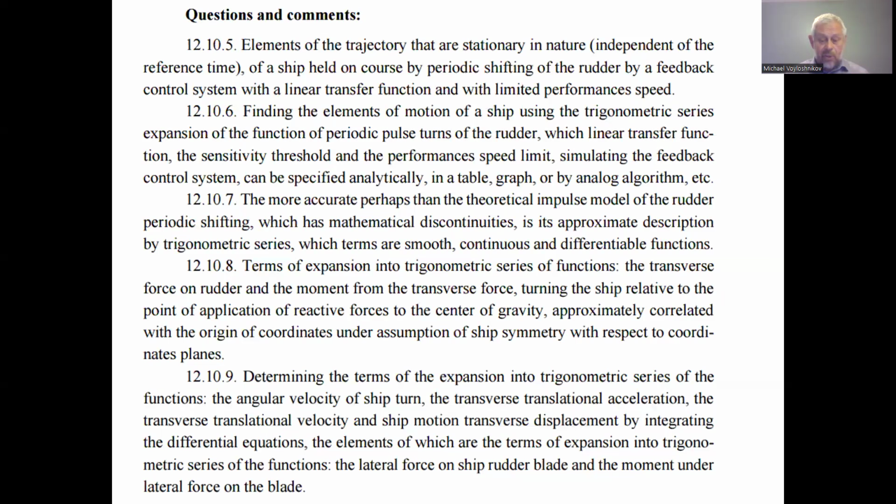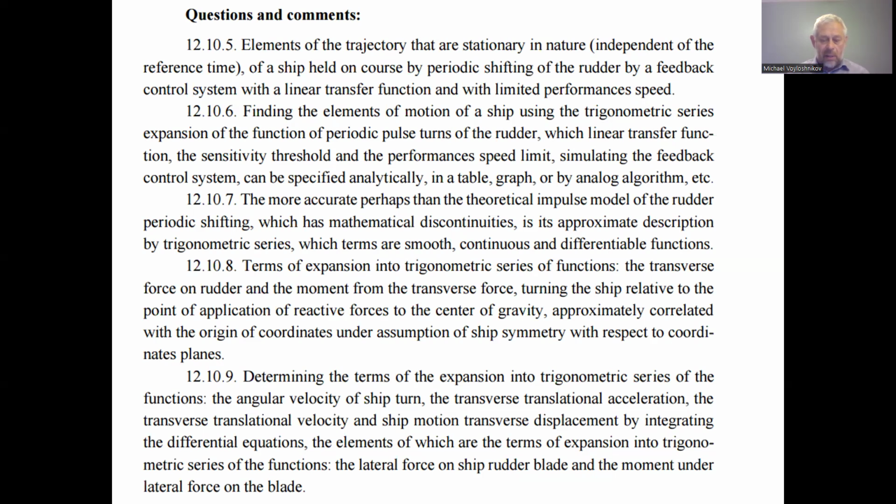Finding the expansion into the trigonometric series, first we have the expansion of the transverse force, considering it as a dependence on factors independent of time.